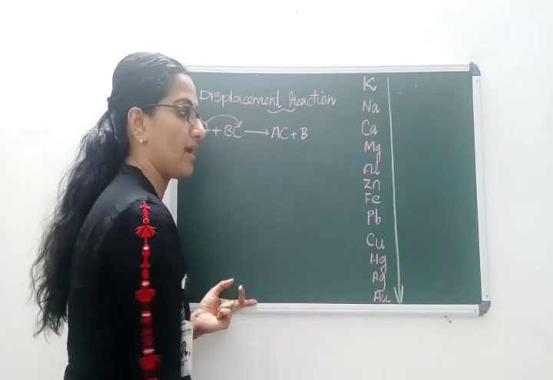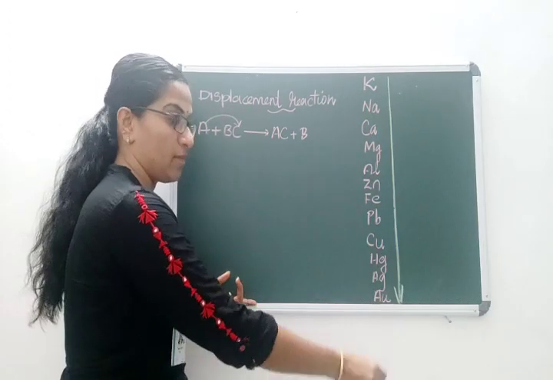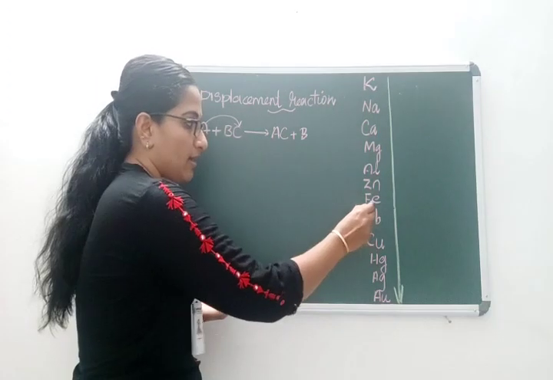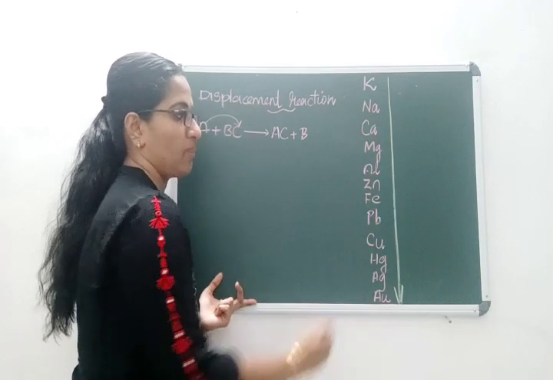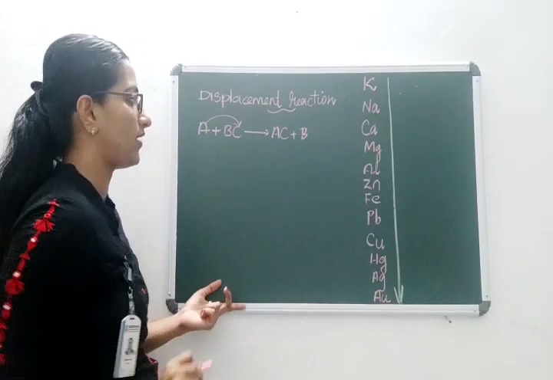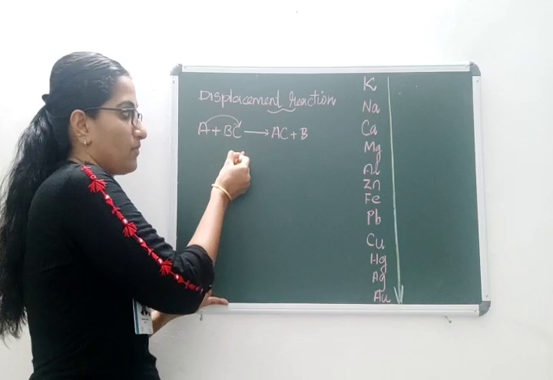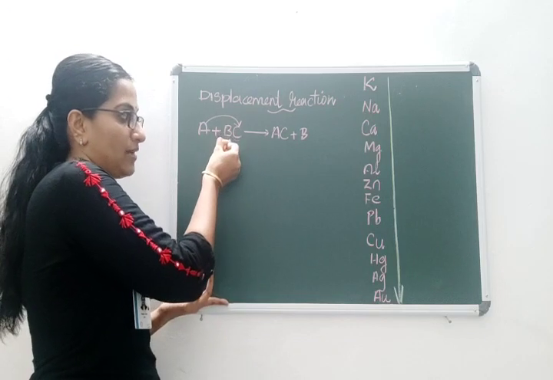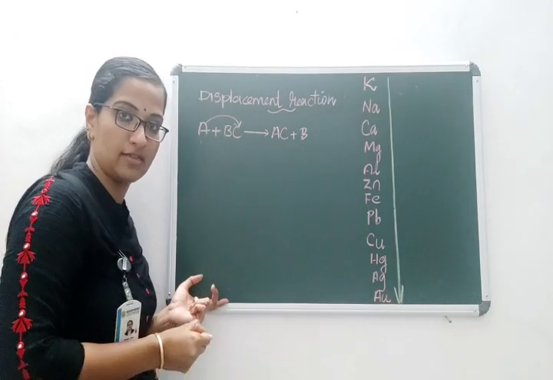Definitely zinc is more reactive, because zinc is on top. When compared to iron and lead, iron is more reactive, right? In the same way, if any metal wants to replace an element from a compound in solution, A should be more reactive.